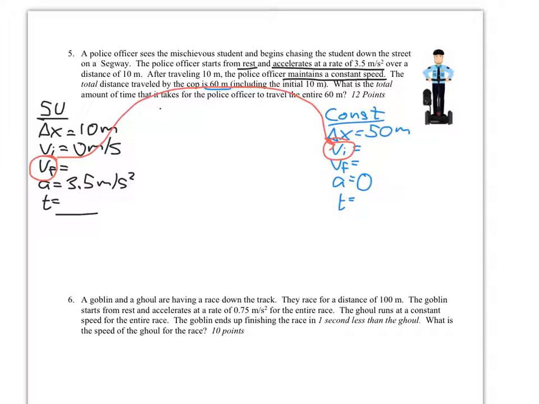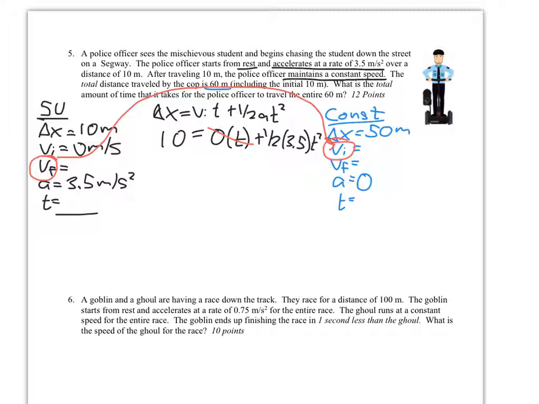So I can say delta x equals vi t plus 1/2 a t squared, based off of what I know so far for the speeding up. So 10 is going to be equal to 0 times t, which means that entire term just goes away, plus 1/2 times 3.5 t squared.